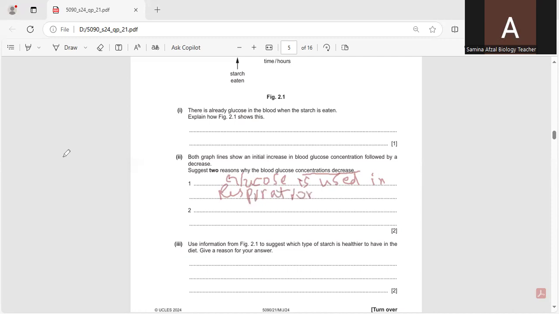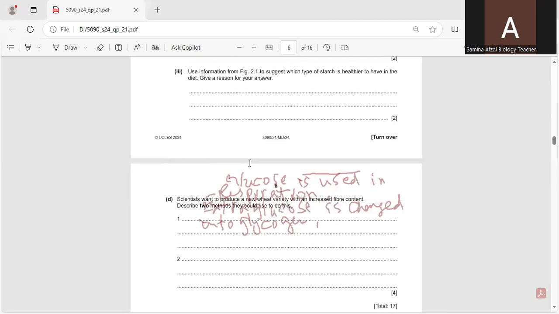And the other reason for the decrease is that extra glucose is changed into glycogen. So its concentration is decreasing.